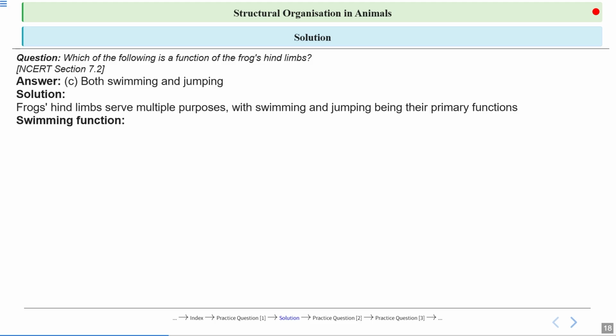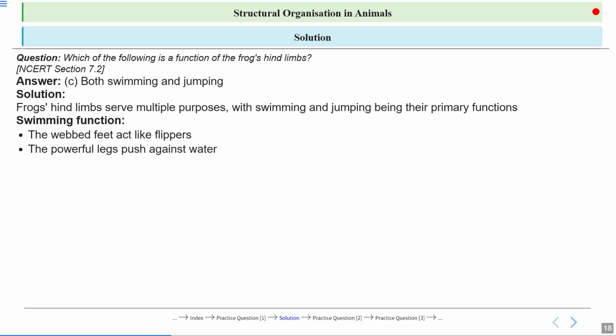Swimming function. The webbed feet act like flippers. The feet are called webbed feet, and they work like a flipper.